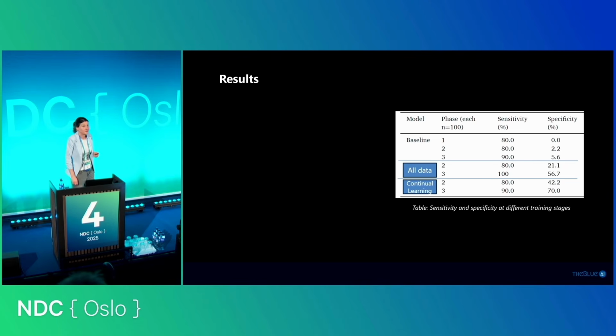Which look like that. The baseline model behaved in a very similar way to before, meaning it was able to detect, in phases 1, 2, and 3, 8 or 9 out of 10 cases of FCD, which is very useful and great results.